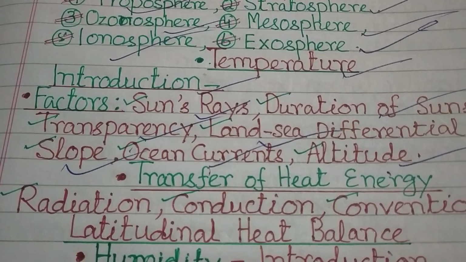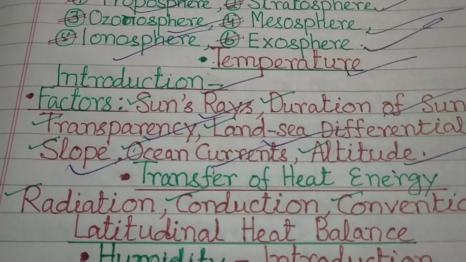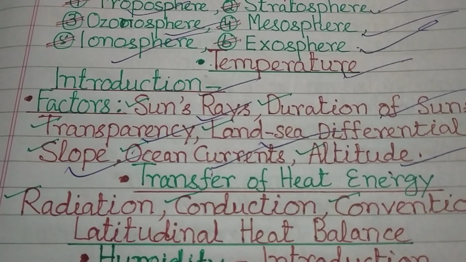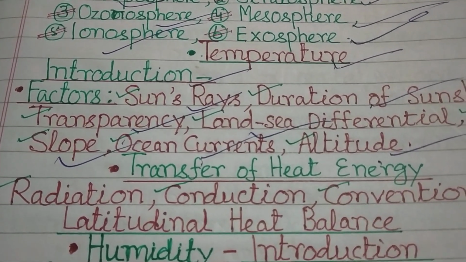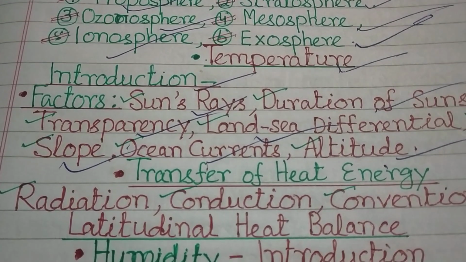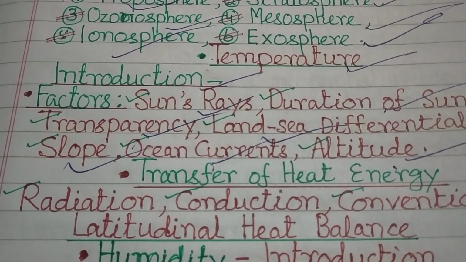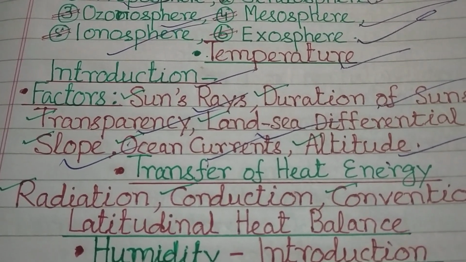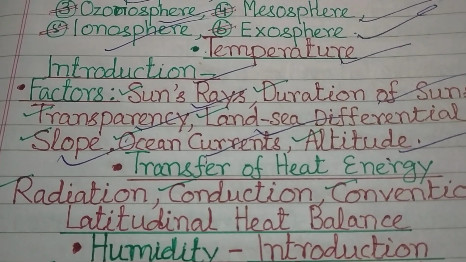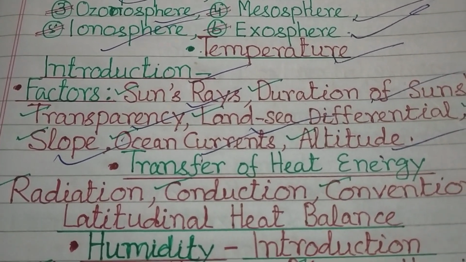calories per square centimeter per minute. So now we'll discuss those factors affecting distribution of insolation or temperature. The amount of insolation reaching the Earth's surface and its effectiveness per unit area depends on factors such as the sun's rays.